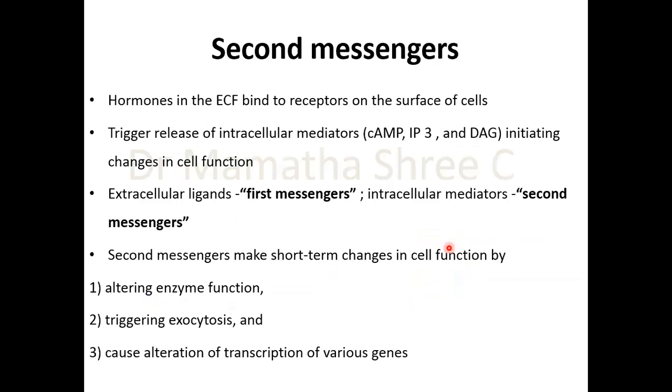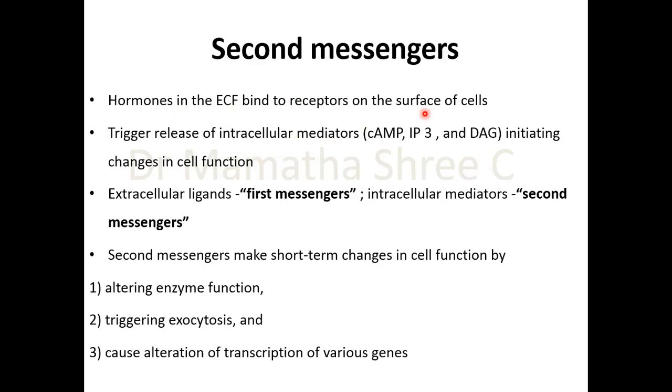Another part of this chapter that you need to know is the second messengers. Till now you know that the hormones are going to bind to their own receptors, which can be on the surface of the cell or in the cytoplasm or in the nucleus. But when we are talking about hormones which bind to the surface of the cell, how are they going to act?